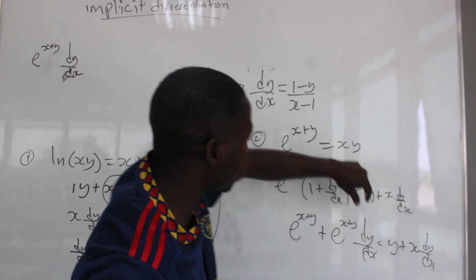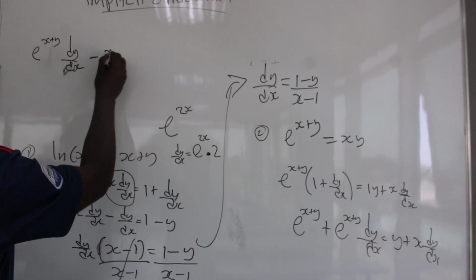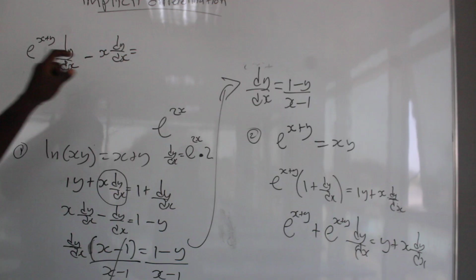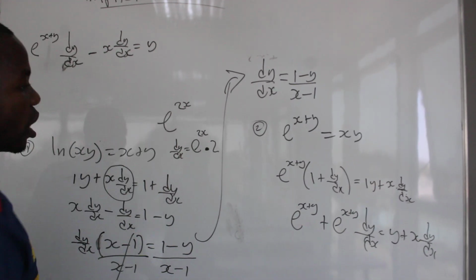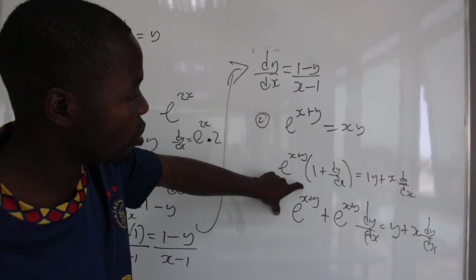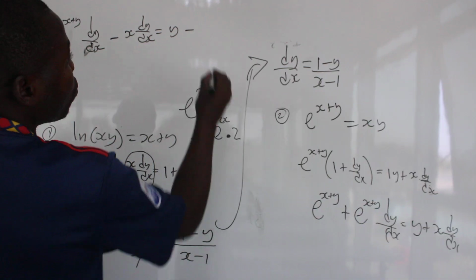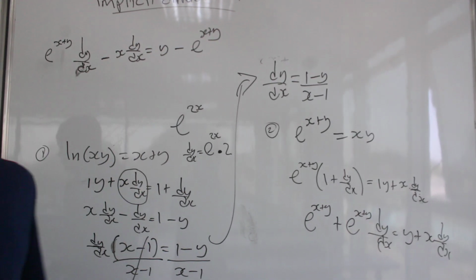When it crosses the equals sign, it will be minus. It will come on the left hand side to be x dy/dx equals. Then here, remember that we have remained with what? But this one also, since it doesn't have dy/dx, it will cross the equals sign. It's going to give you minus e^(x+y).